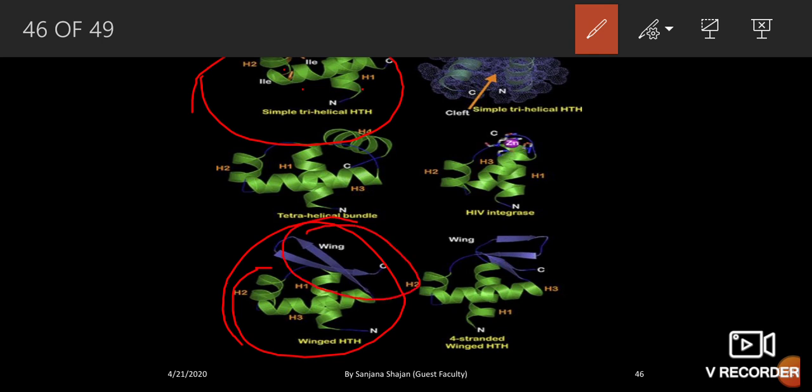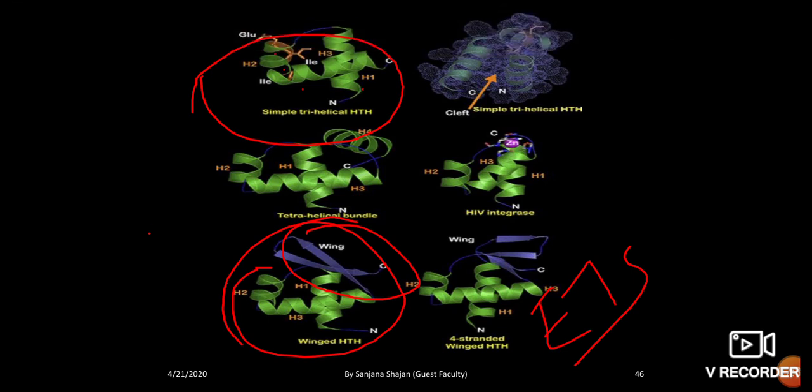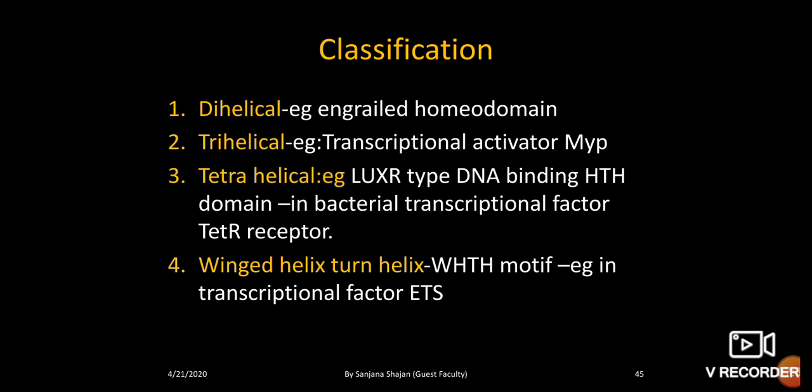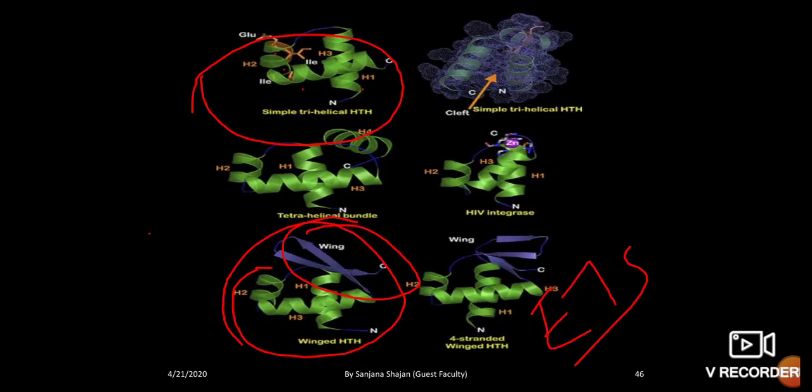This purple color refers to the beta sheet, and then you have three green helical regions, and these are found in the transcriptional factor ETS. So that is all about the different types of the helix turn helix motif.